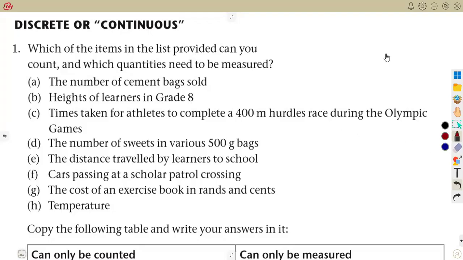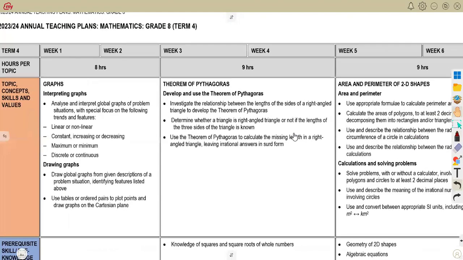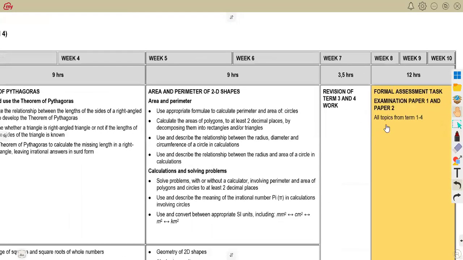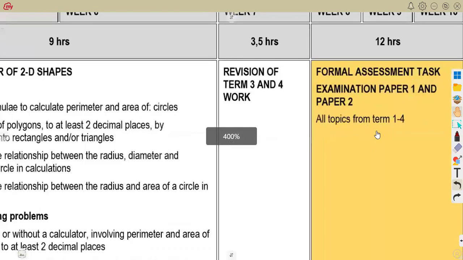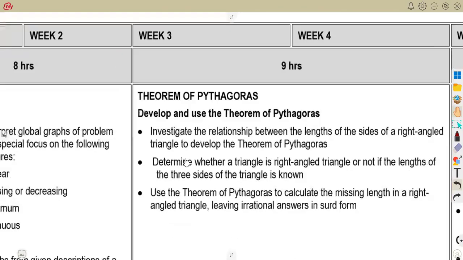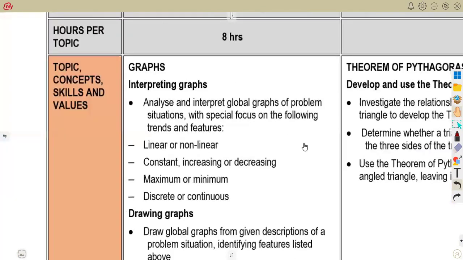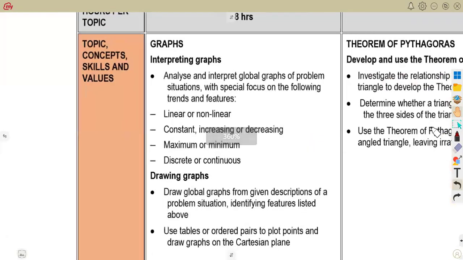If you have managed to go through the video that I explained about the topics you are supposed to be working with in this term, and also your preparations of all the topics from term 1 up to term 4, make sure that you do that. And with this part of our graph, there's nothing that you actually need much. They just want you to go through the interpreting of graphs.